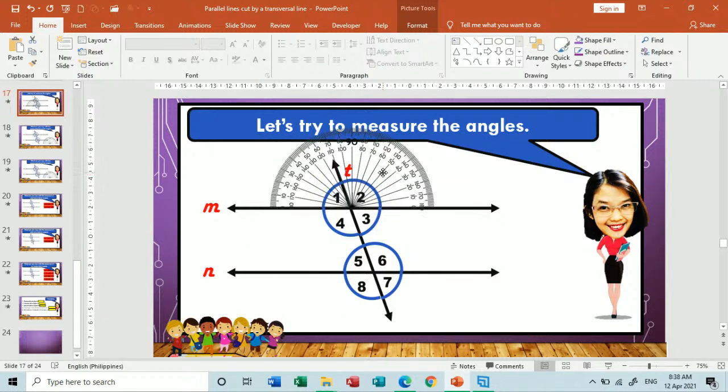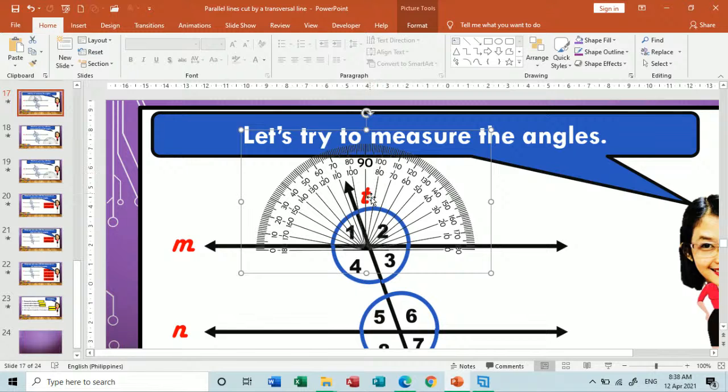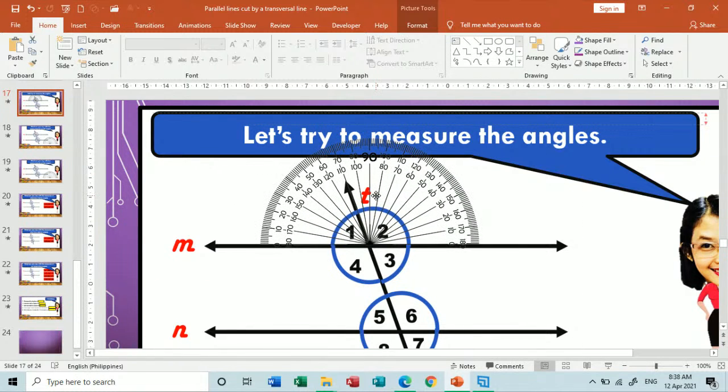What is the measure of angle 1? Try to comment.